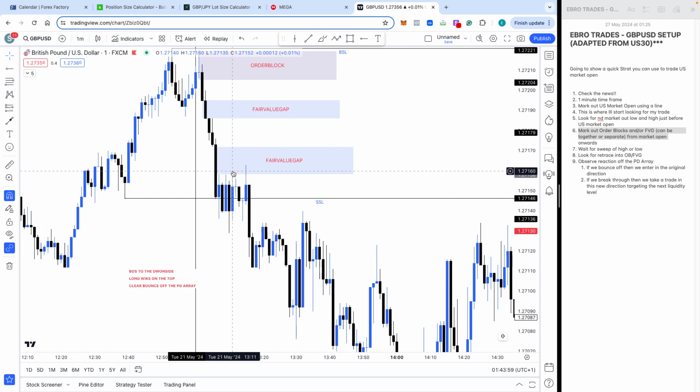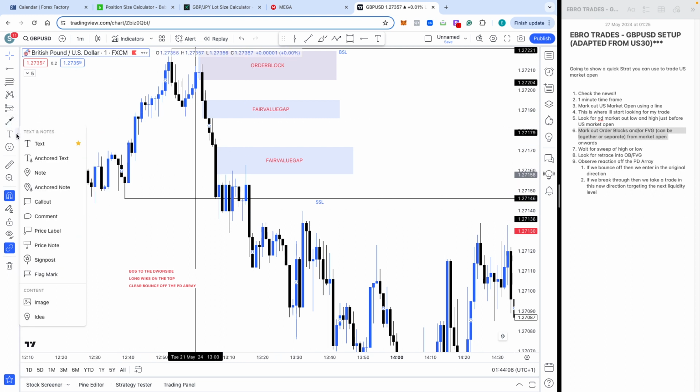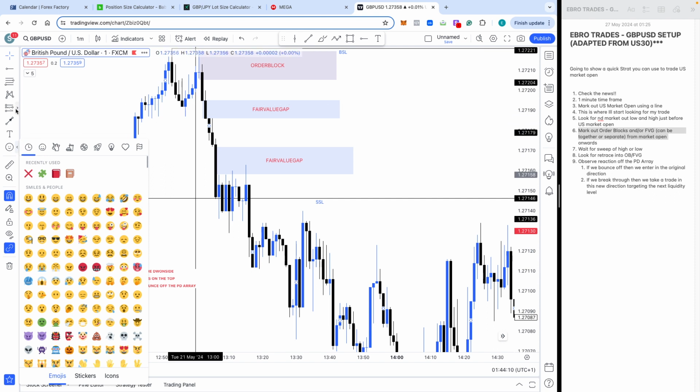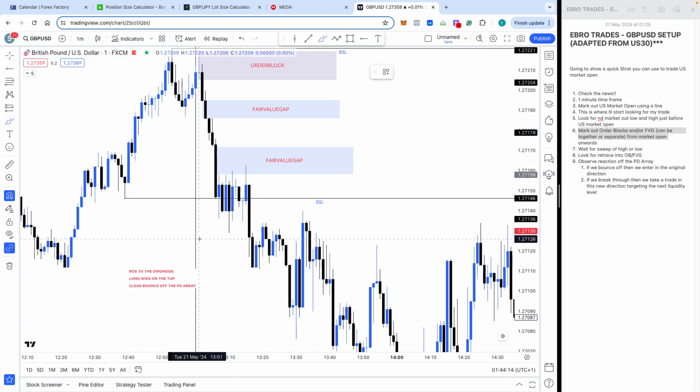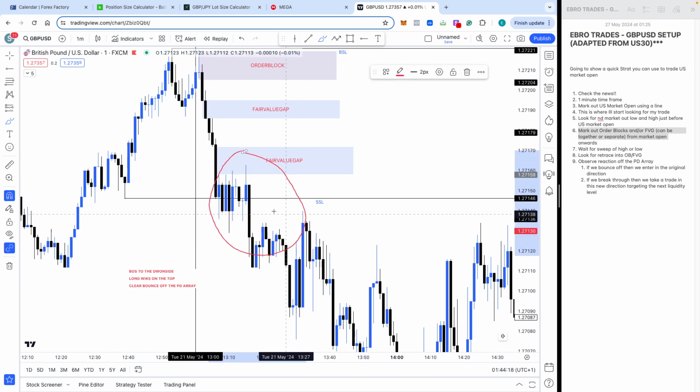We can see we wick into the fair value gap and then immediately we break structure to the downside quite significantly. I wish there was a way for me to draw a circle for you guys to make this clearer. Let me just use this. So we can see over here, break of structure to the downside immediately.